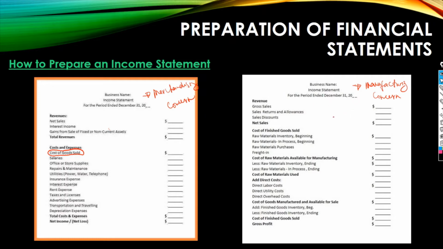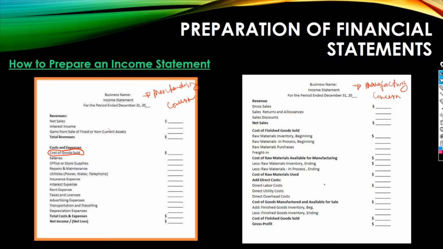We have service concern, merchandising concern, manufacturing concern. As you can see, the nature of their business is different. That's why in preparing the income statement, there is a part which is altered, but typically that is just revenue minus expenses, and you come up with the profit or the loss.